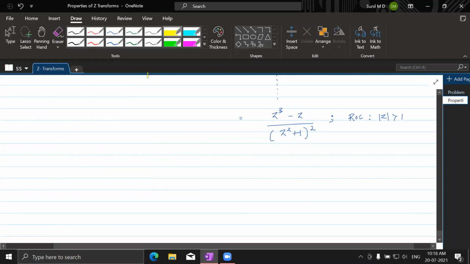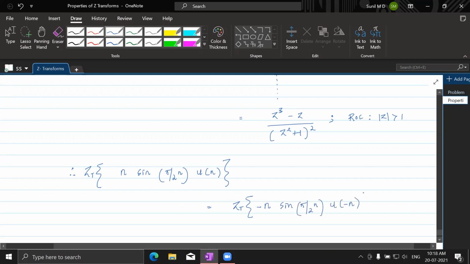So therefore, the Z transform of n sine pi by 2 n u of n can be further written as the Z transform of minus n sine pi by 2 n u of minus n.